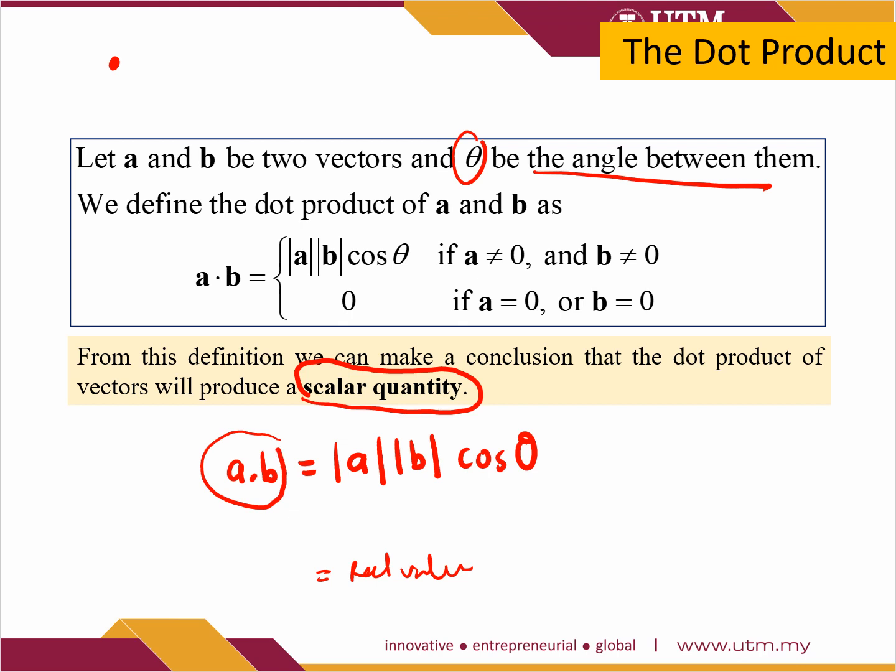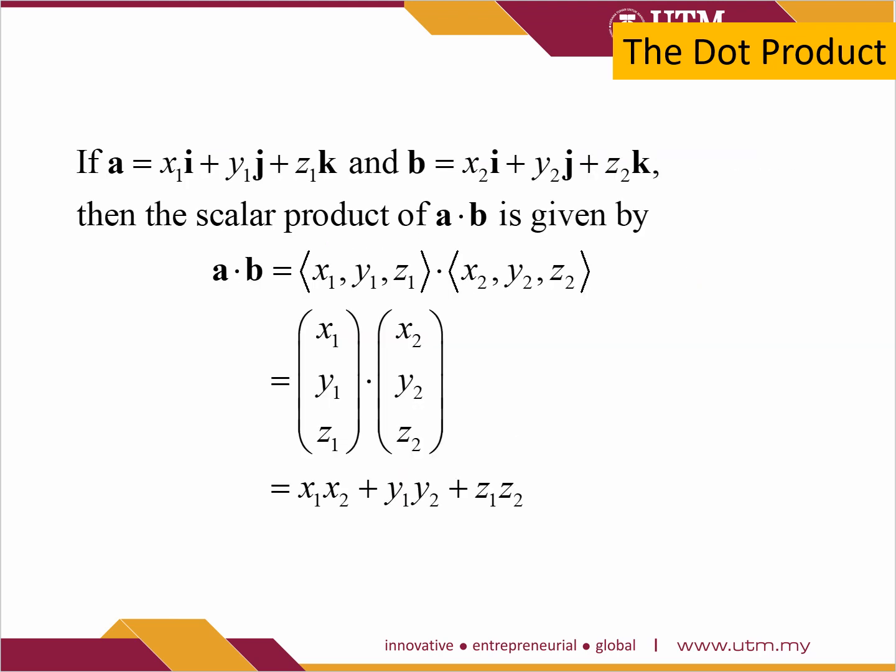For this equation, A dot B equals this if A is not equal to 0 and B is not equal to 0. This is the condition. But if A equals 0 or B equals 0, then the right-hand side will equal 0. So this is the formula of the dot product.